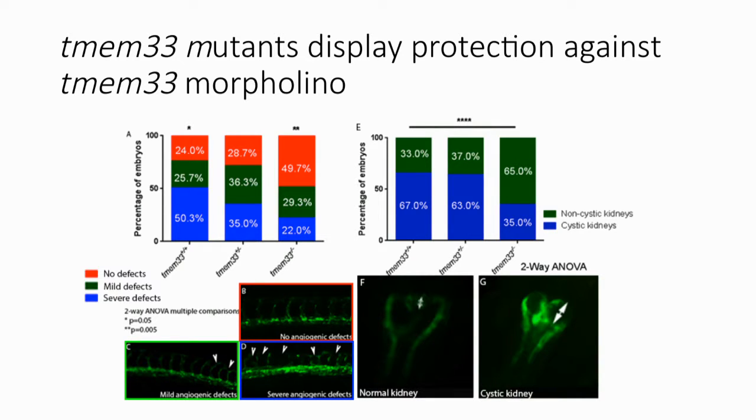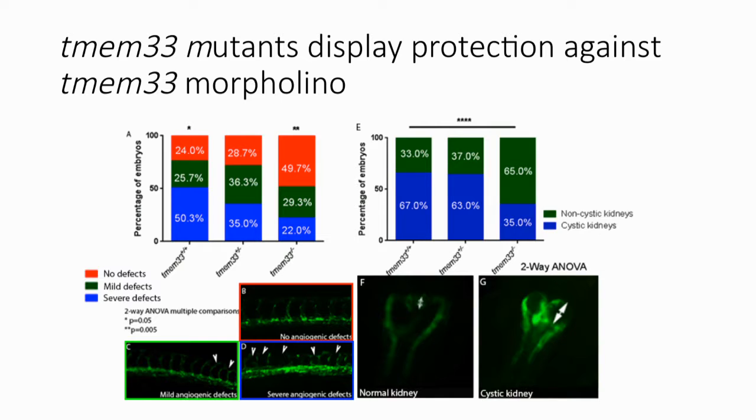So here I've done a heterozygous incross of tmem33 fish and ranked them for severity of phenotype and retrospectively genotyped them to find out what the genotype was. On the left we have tmem33 wild type, in the middle we have het, and on the right we have mutants.